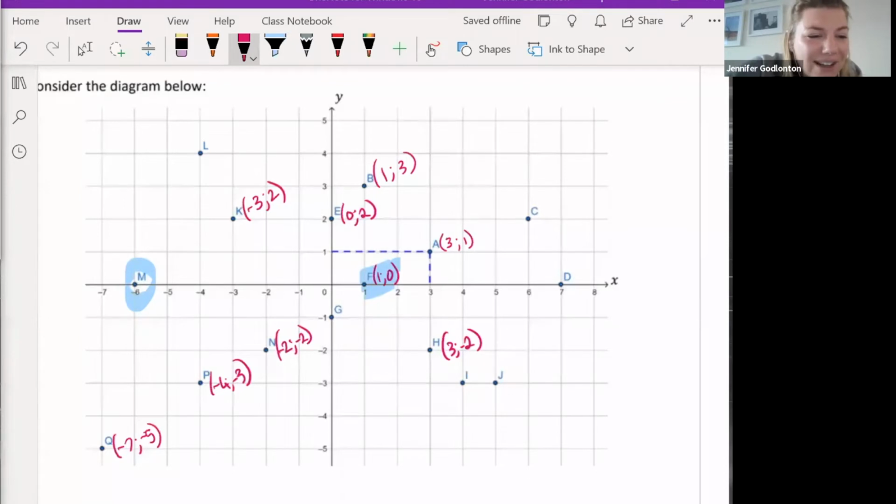So Ndivo and Shomo, you guys were so close. So one of you is right, except for something in the middle, and one of you was wrong. So we first have to look at our X value. Our X value is -6 and our Y value is 0. So if I was writing for M, I'm going to write it as M (-6;0).